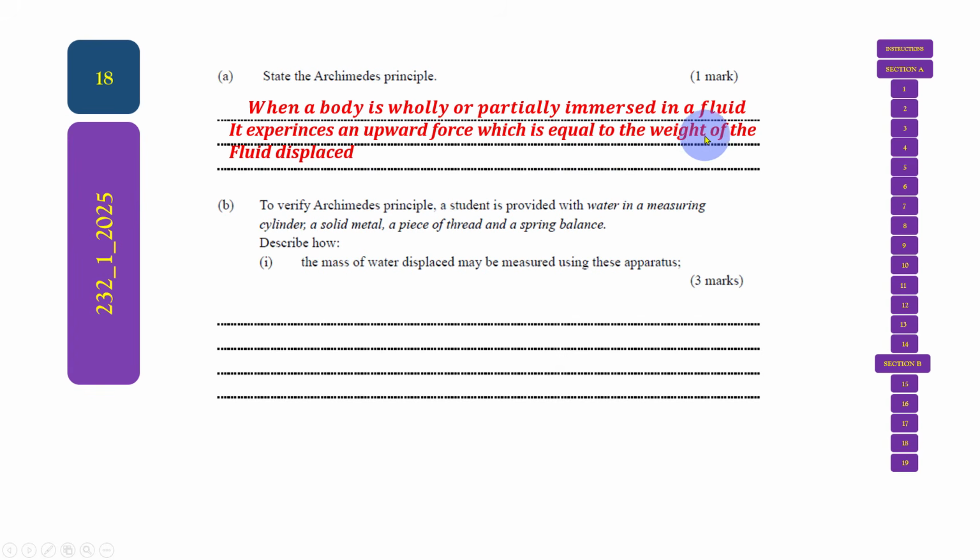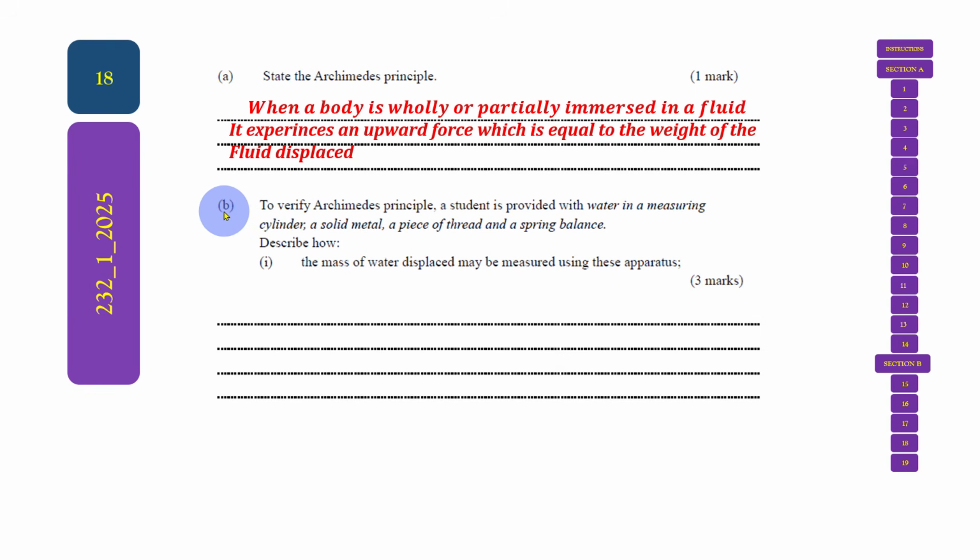Sometimes students don't even mention which physical quantity it is equal to. It is equal to the fluid displaced. All those statements are wrong. It should be, it is equal to the weight of the fluid which is displaced. Very important. So learn to state laws or principles as completely as possible as they are stated in your course book.